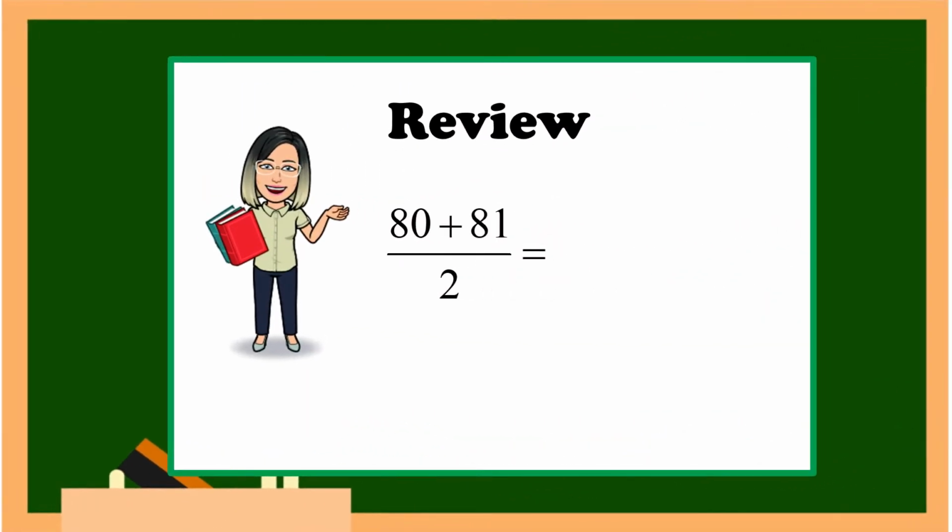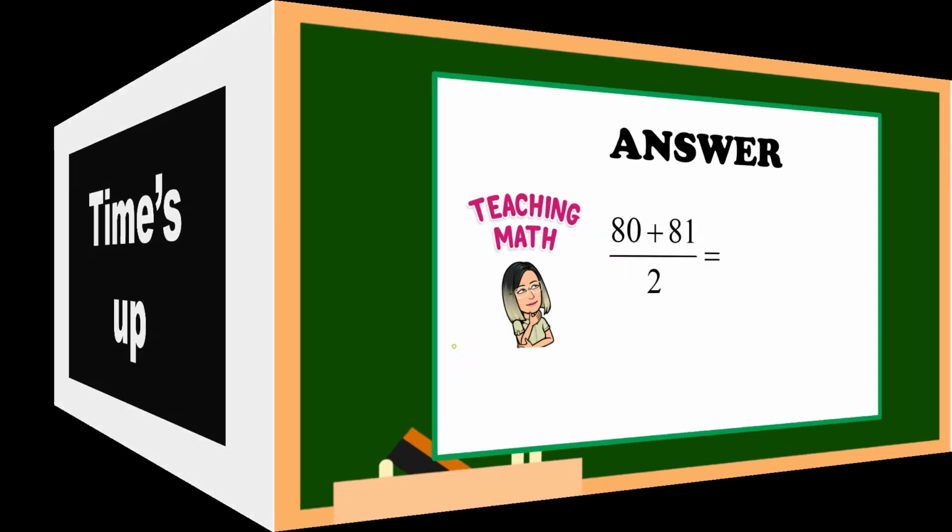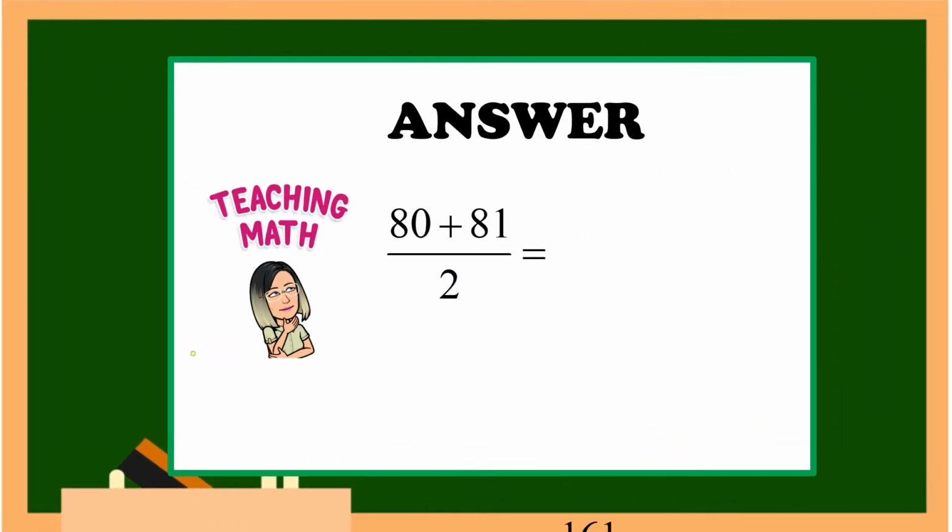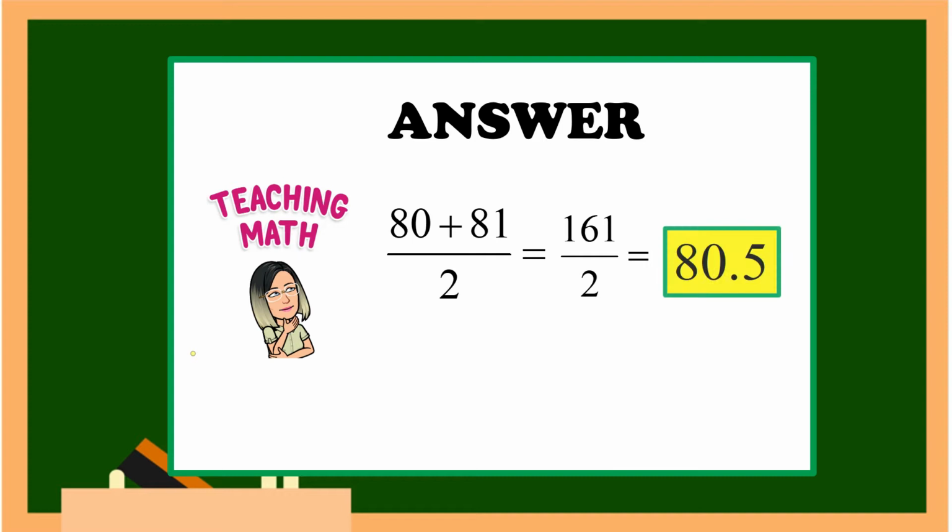What is 80 plus 81 divided by 2? The answer is 80 and 5 tenths.